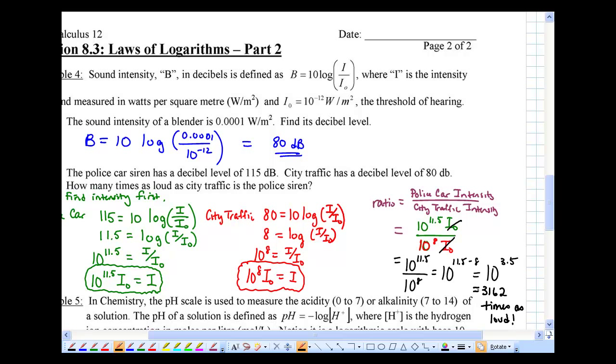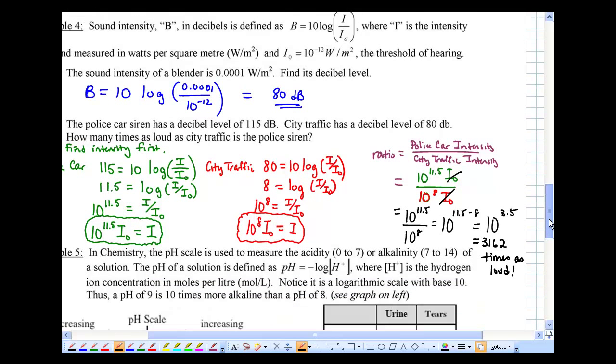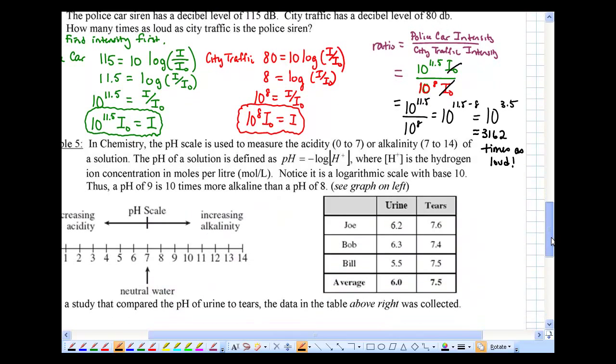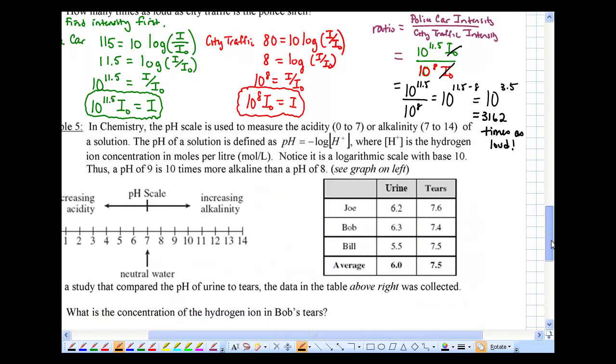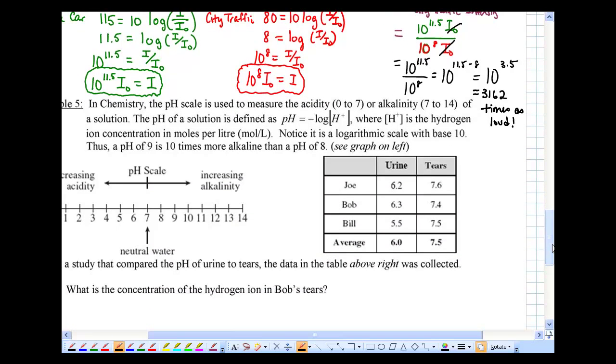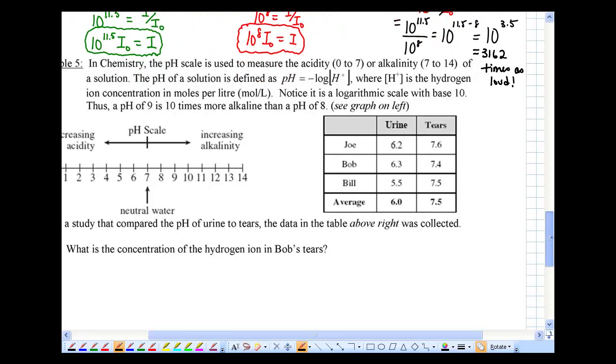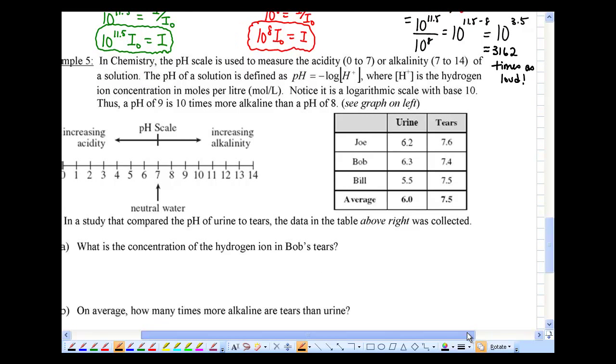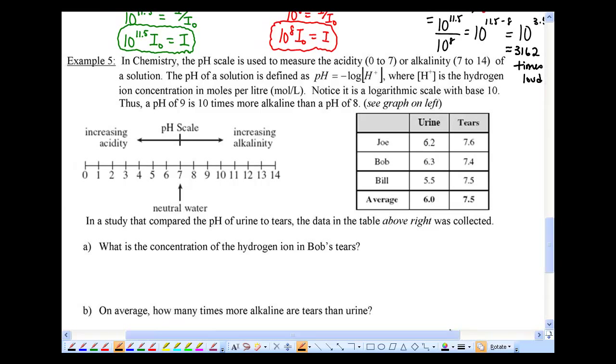Another instance where you'll see logarithms is if you're doing chemistry and pH stuff. I think we showed you an example of that before, but here's another one. In chemistry, we've got this pH scale, and it's used to measure acidity, which are numbers between 0 and 7, or alkalinity, meaning the base, which is 7 to 14, of a solution.